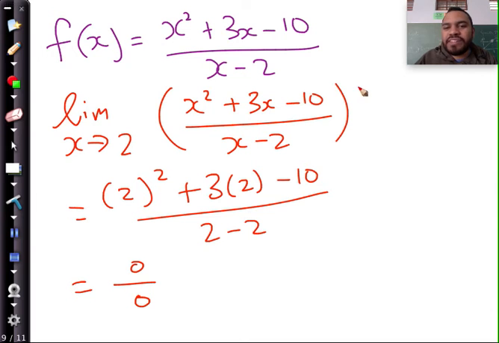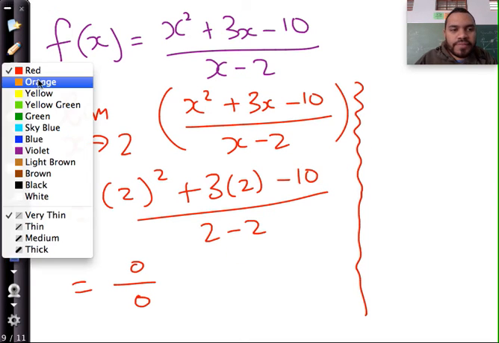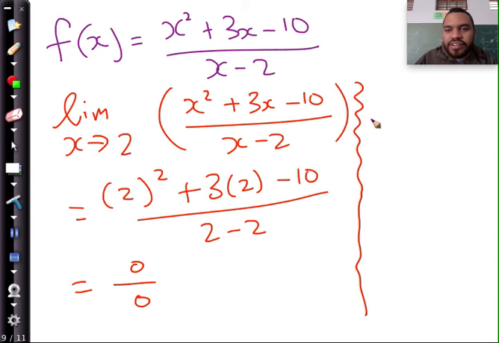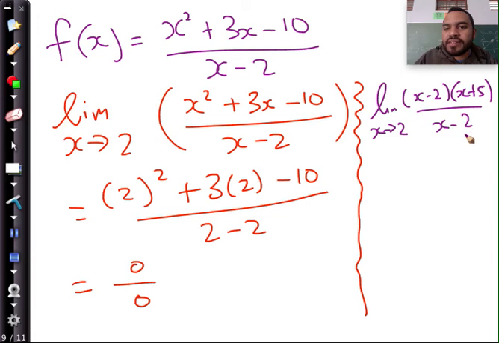So that's an indeterminate form. When it's an indeterminate form, what should you be doing? You do it again. So now you're going to find the limit as x approaches 2 and factorize the top. Factors of 10 you subtract to give you 3 is what? X minus 2, x plus 5 all over x minus 2.